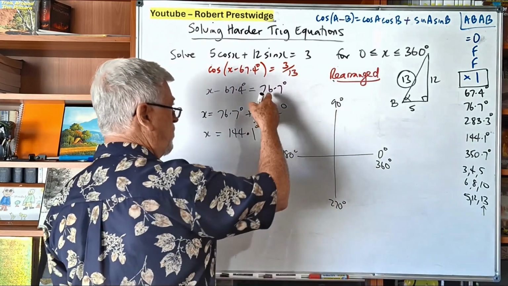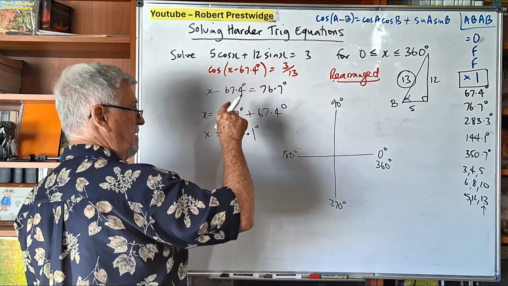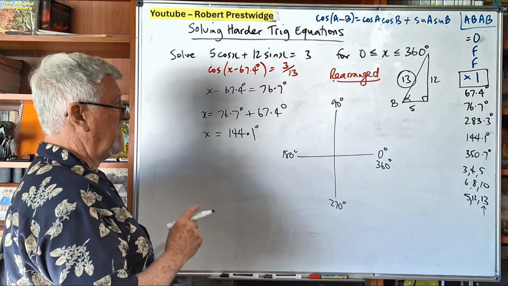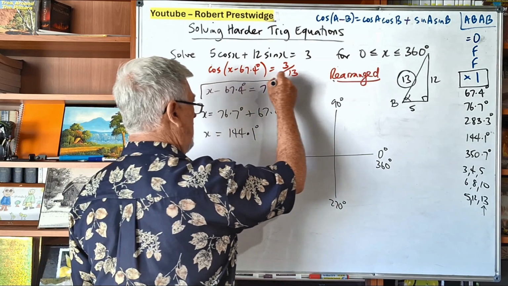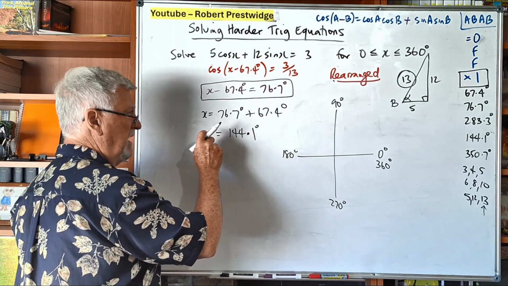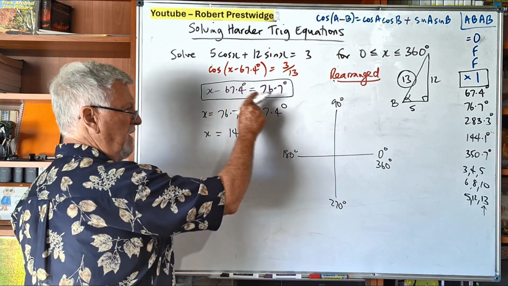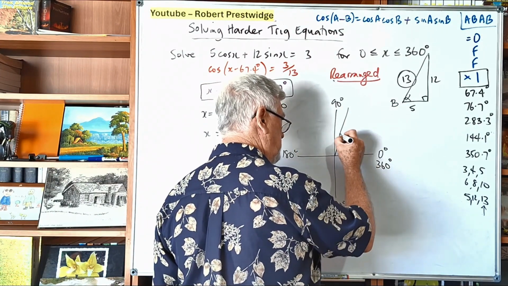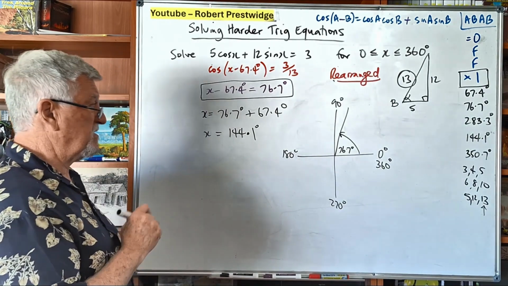One answer was 76.7 degrees. But I want the other answer, back here. We know that one was 76.7, so I'll make it look reasonable if that looks like 76.7 degrees. That's in the first quadrant.